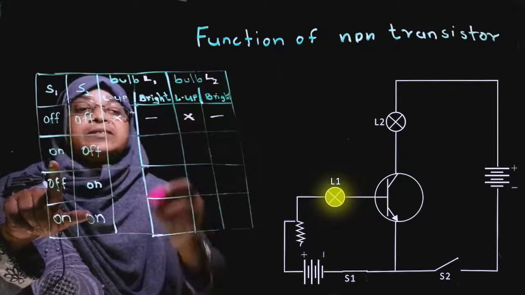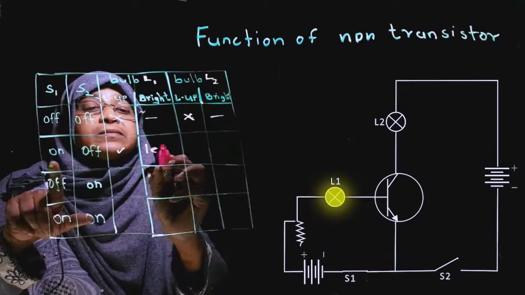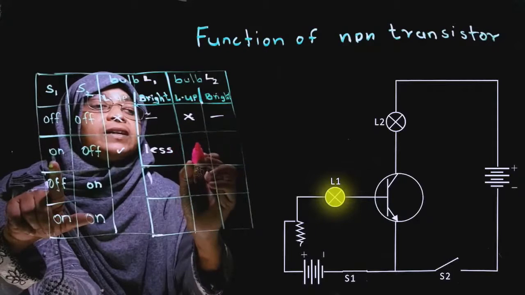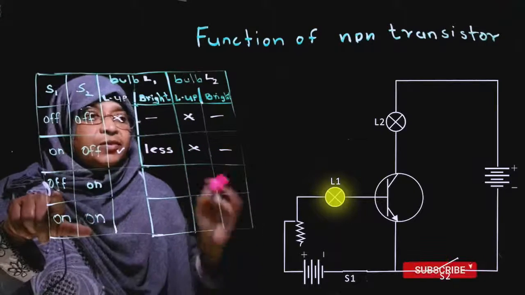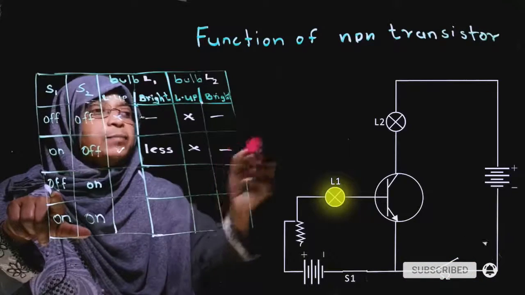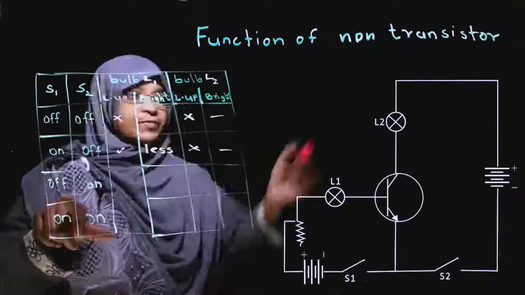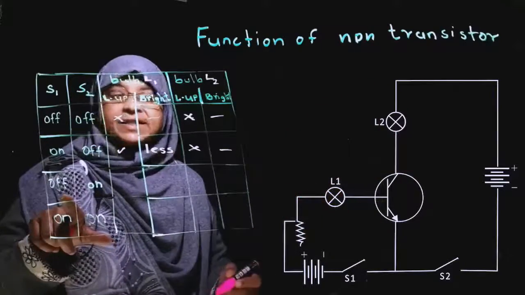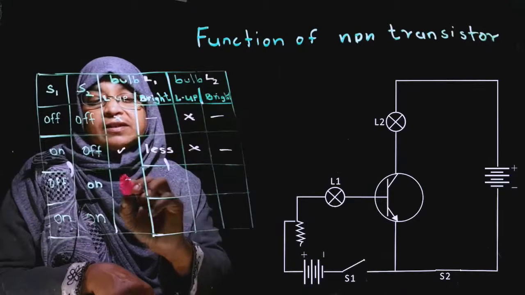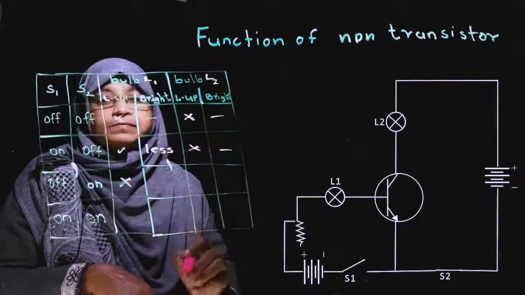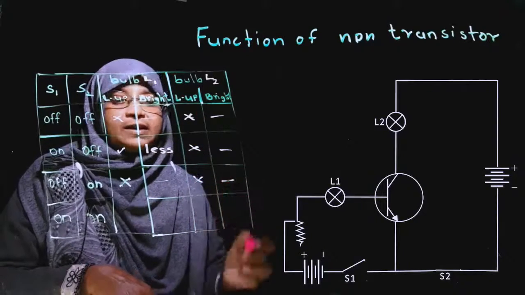Bulb L1 lighting up, less brightness. Output circuit not lighting up, no brightness. Next, input circuit off, S1 off, output circuit on: L1 not lighting up, L2 also not lighting up.